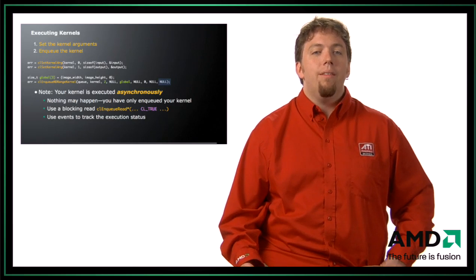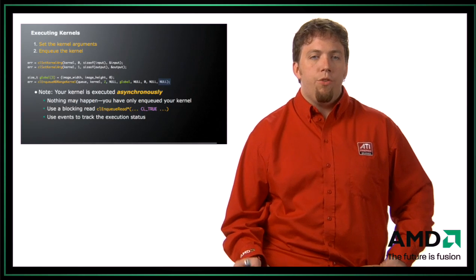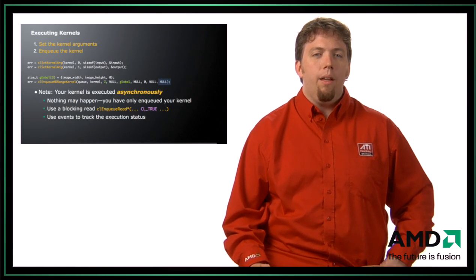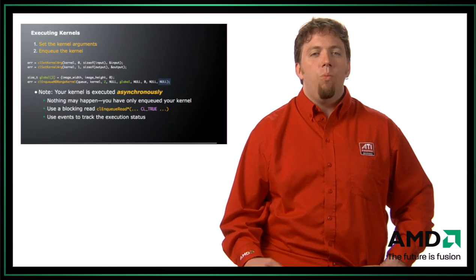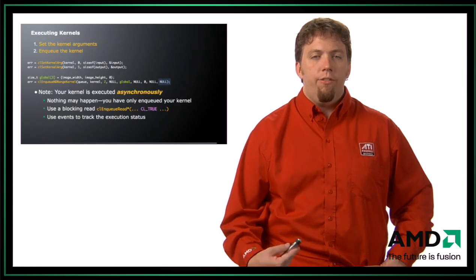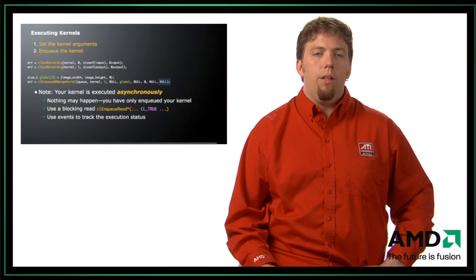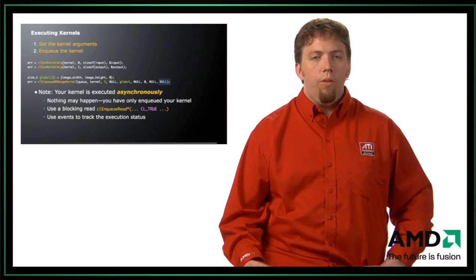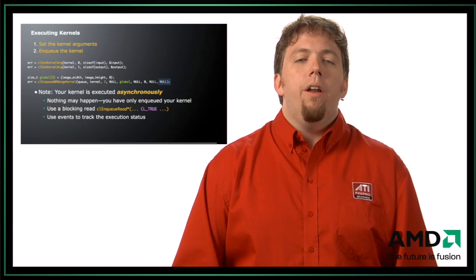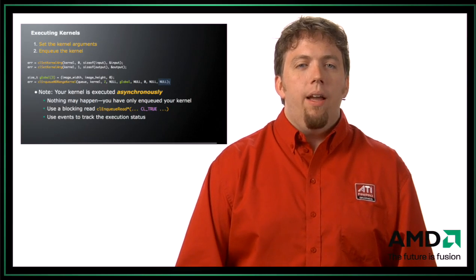You need to use something such as a blocking read, and that would be a clEnqueueRead with an argument of true for the blocking argument. When you use that, that's one way of forcing the runtime to flush everything and force the kernel to actually be executed. Again, when you do this enqueue, it is not executed right away. It's done asynchronously. Another way of doing it is to use events to track the execution status.